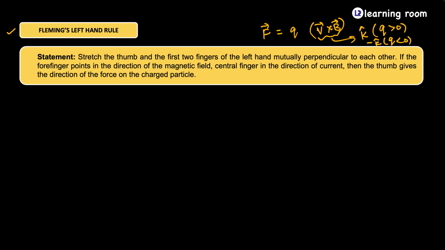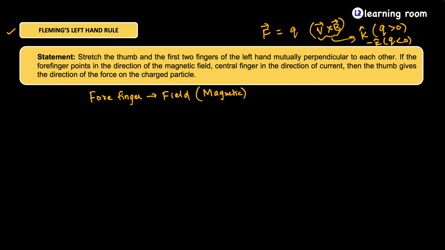They need to be stretched mutually perpendicular to each other in such a way that the forefinger should be pointed in the direction of the magnetic field.